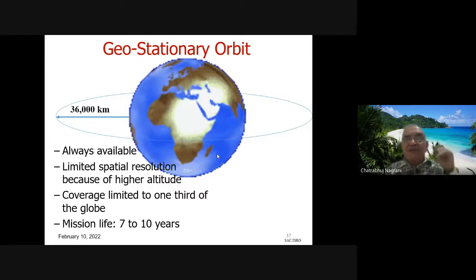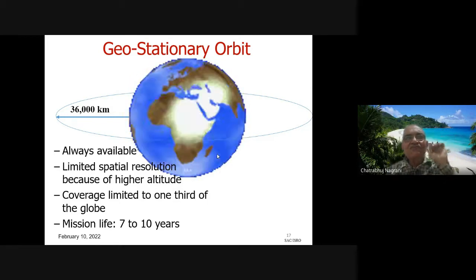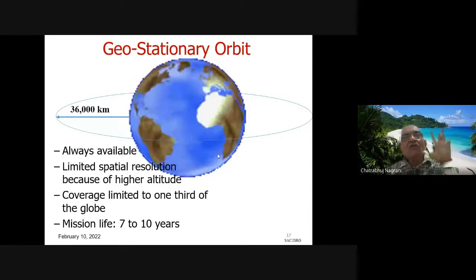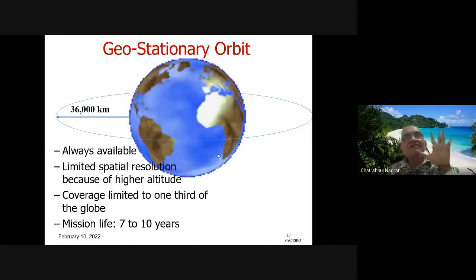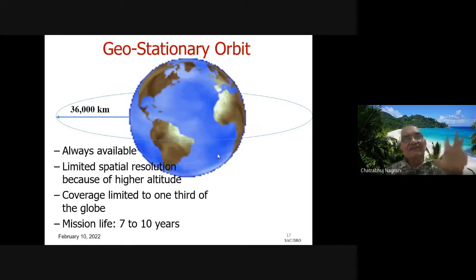Now that is okay. But suppose for weather, I am not interested in very small details. What I am interested in is that details may not be as good, but I want to cover a larger area and I want to see that area repetitively. All our weather satellites, you must have heard the name Kalpana weather satellite, INSAT 3D.